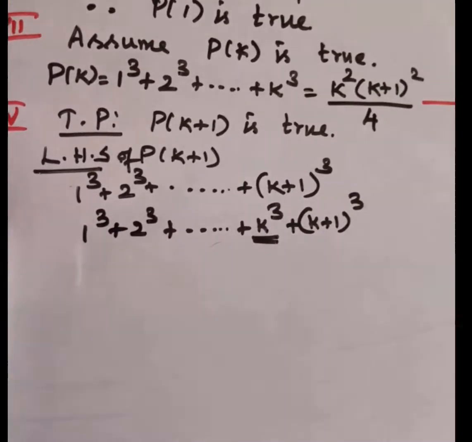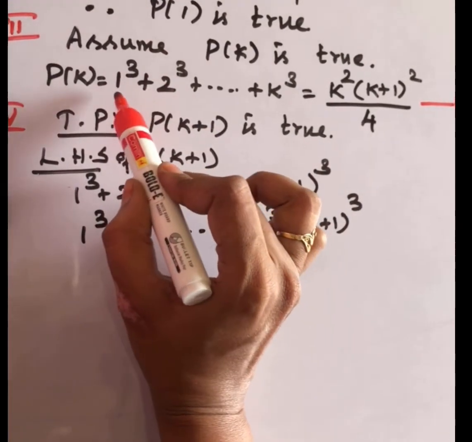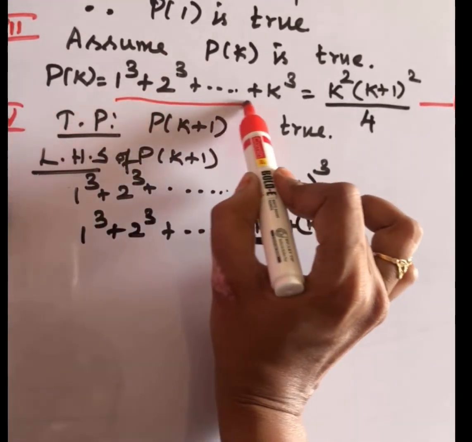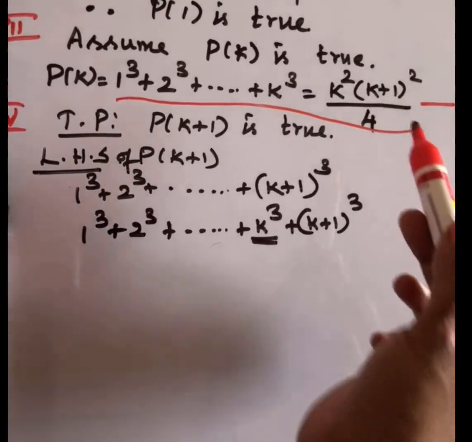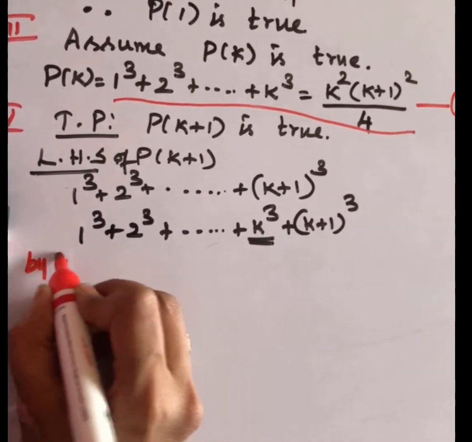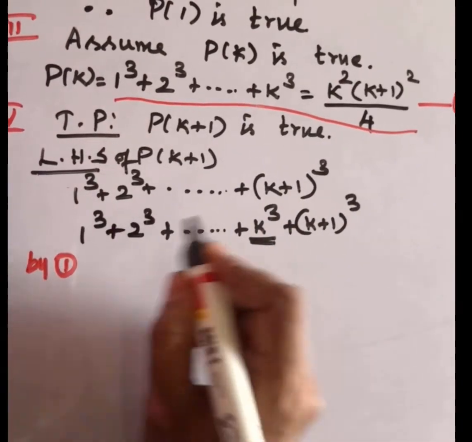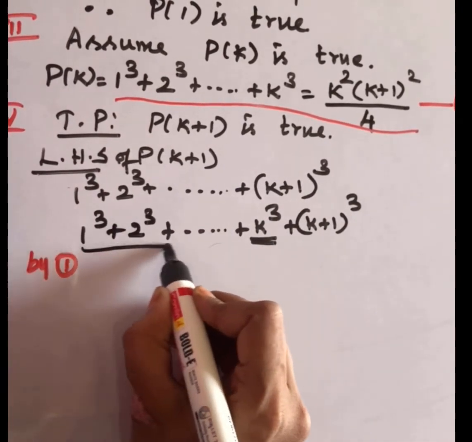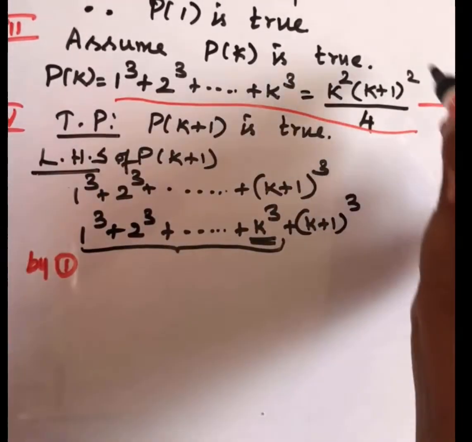Now, as we have 1 cube plus 2 cube etc. up to k cube is equal to k square into k plus 1 the whole square divided by 4. So, by 1, I can replace 1 cube plus 2 cube plus etc. up to k cube by this term.